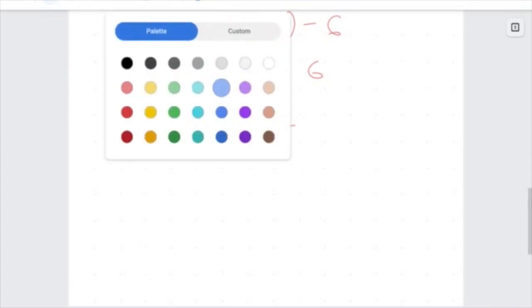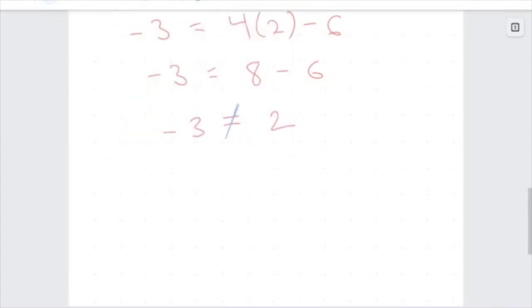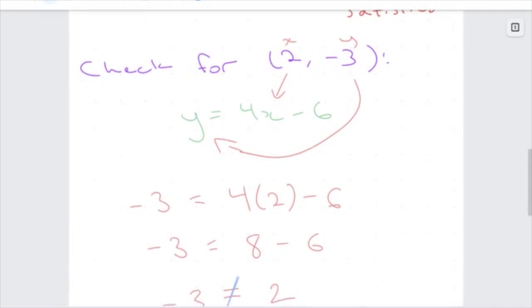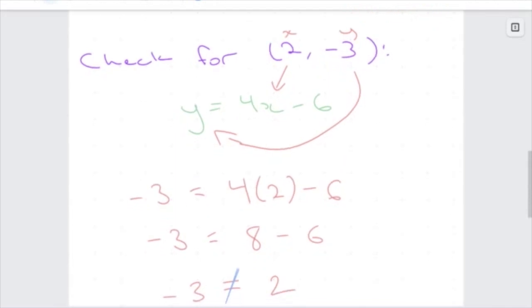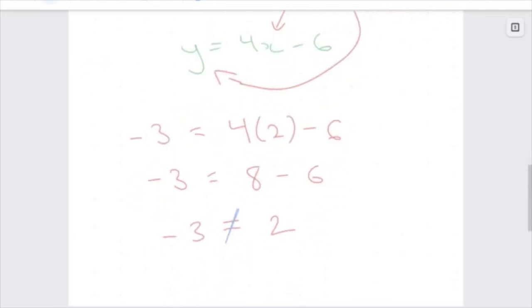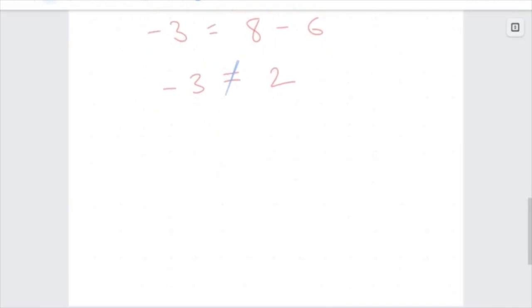Now, once again, in this case, as compared to my previous point, when I sub in the x and the y values into my linear equation, I get something which doesn't work. It doesn't satisfy this equation because -3 does not equal 2. So therefore, with our mathematical reasoning, we can say that my point does not lie on the line.